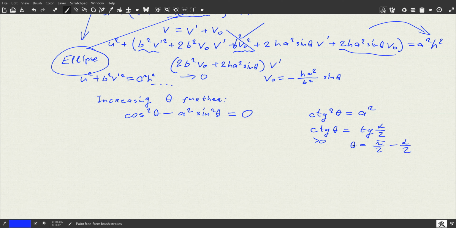What is theta? It is the angle between the normal to our plane and the z-axis. Therefore, pi over 2 minus theta is the angle between the plane itself and z.